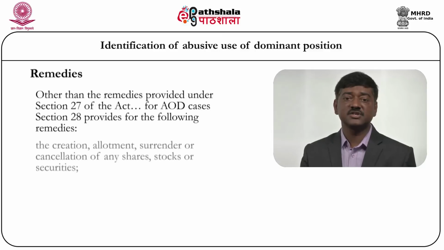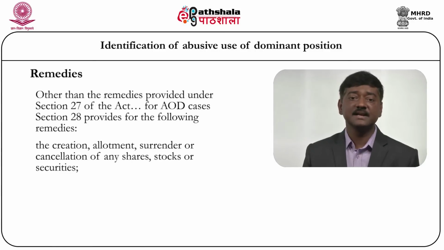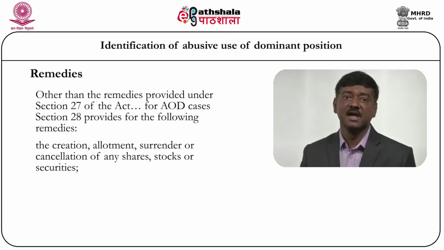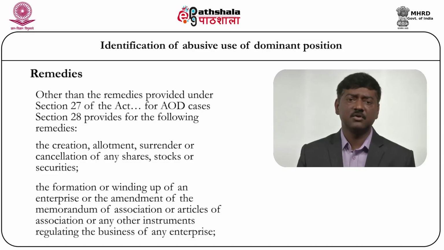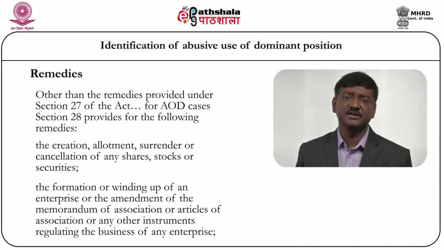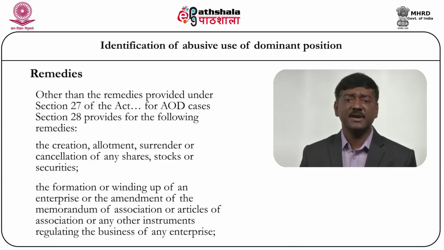There can be the creation, allotment, surrender or cancellation of shares, stocks and securities. This sub-clause D has been deleted in 2007. The formation, which I believe talked about compensation, has been shifted to COMPAT, that is section 53N. The formation or winding up of an enterprise or the amendment of the memorandum of association or articles of association or other instruments regulating the business of any enterprise.